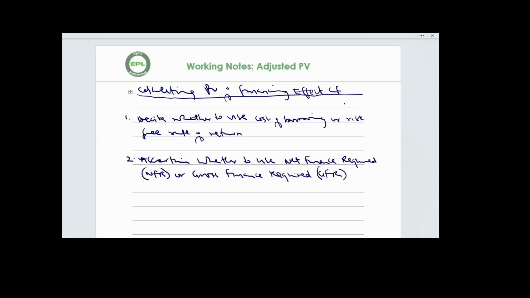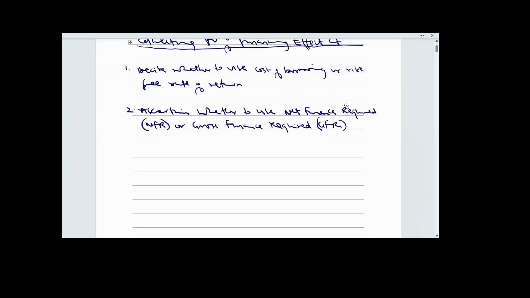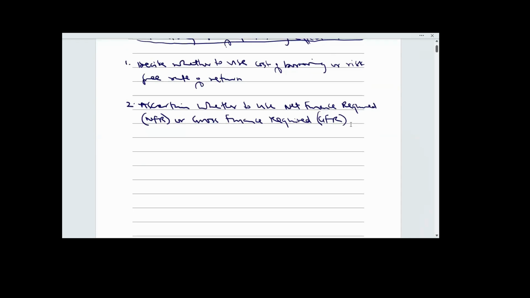In most cases, the examiner will not tell you whether you should use gross finance or net finance, but at all times, always use the gross finance required.